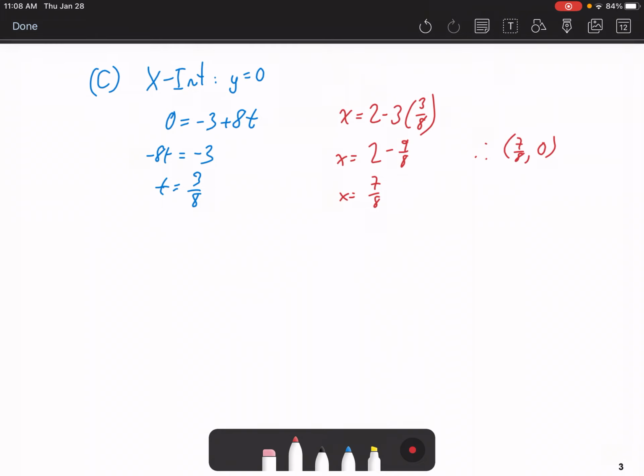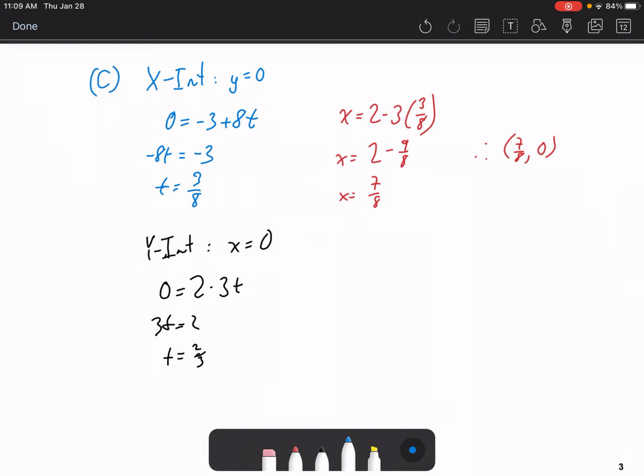I can do the same process and figure out my y-intercept. So if I want my y-intercept, x has to equal 0 here. So here t equals 2/3.